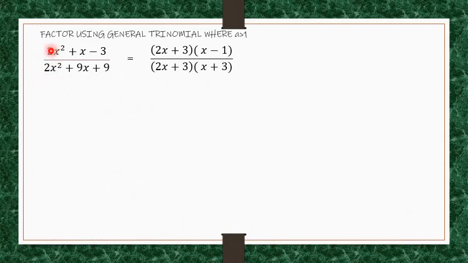So the factoring of this one is 2x plus 3 and x minus 1. The factoring of this is 2x plus 3 and x plus 3. Now, as you can see, the same factor here is 2x plus 3. So cancel out, because the answer is x minus 1 over x plus 3.